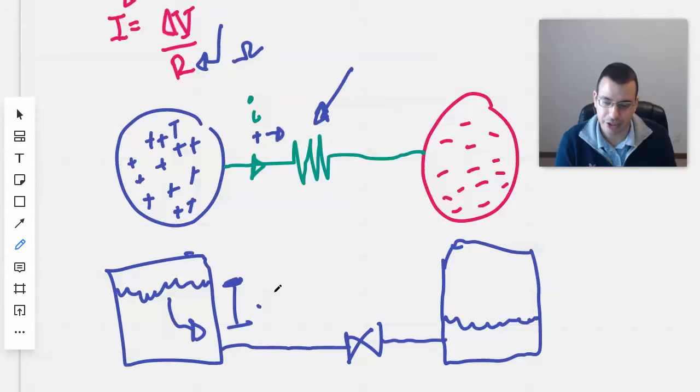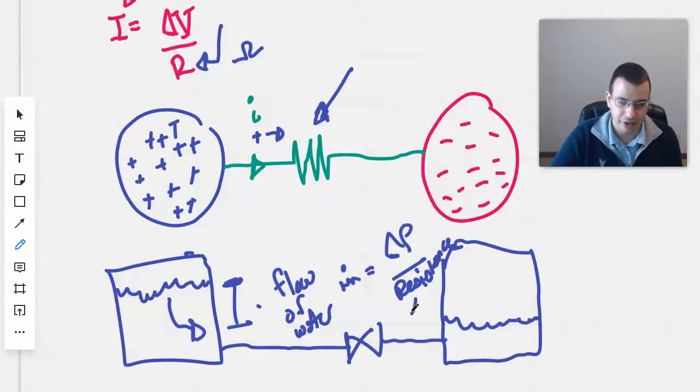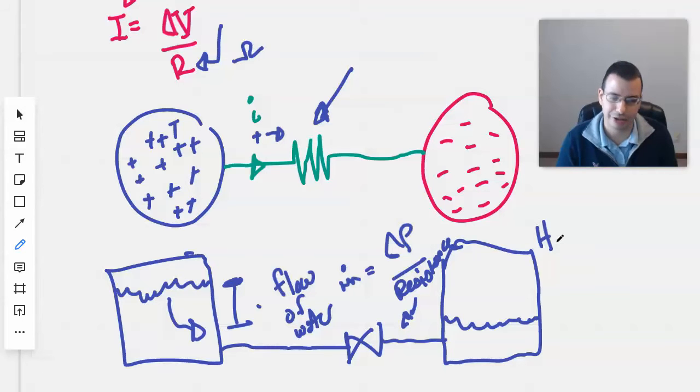So the flow of water, you could say mass flow rate, would equal the difference in pressure divided by some resistance to flow. In this case, it'd be related to head loss, HL, which is friction within the pipes.